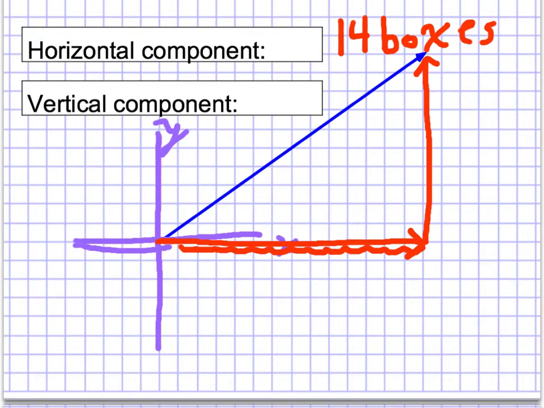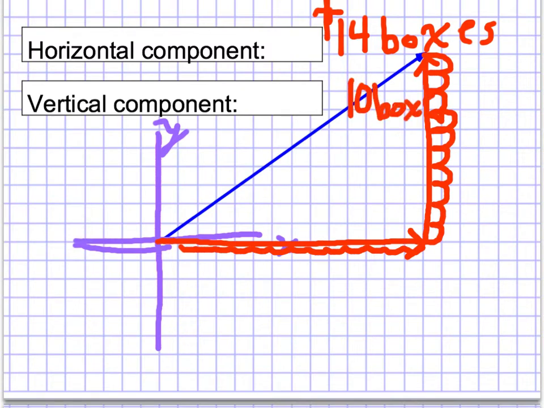And since that's to the right, it should be, take a guess, positive. And now, count my vertical component. 1, 2, 3, 4, 5, 6, 7, 8, 9, 10. My vertical component is 10 boxes, and that was up, so it is positive.